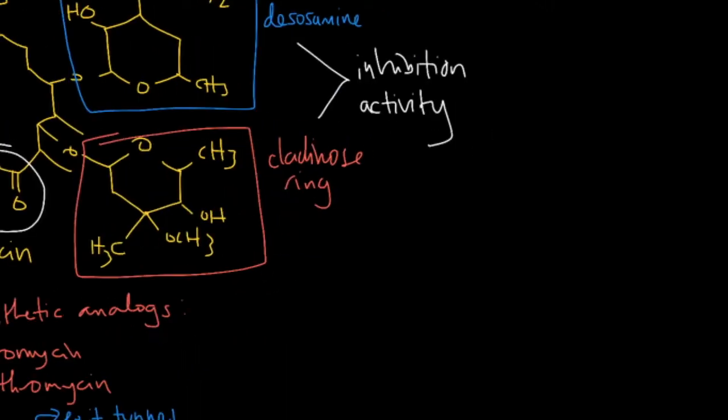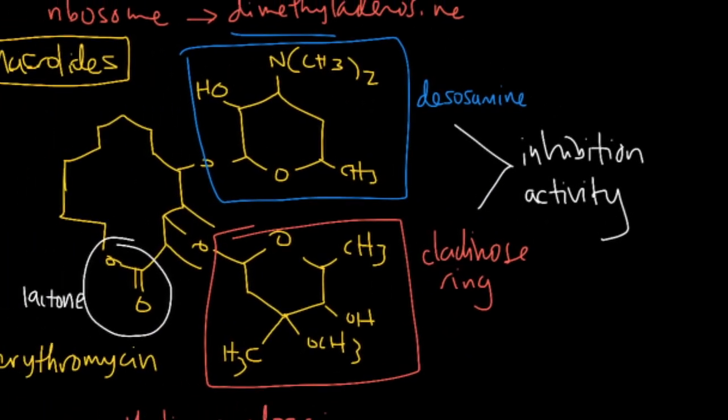So if you protonate this amine right here, you form a positive charge, and to balance out this positive charge in the cell, you bind to a phosphate group in the ribosome, and that gets you to bind to the ribosome. Nice. And remember that both these rings, the cladinose ring and this desosamine ring, both are important for inhibition activity.